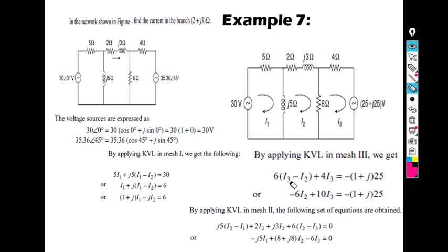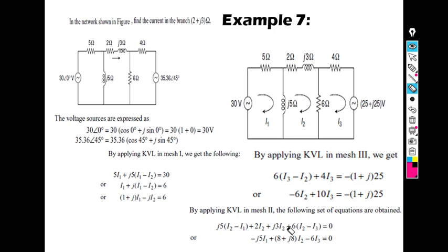So I am getting here 6I3. Now this is for mesh 3. Number 2: J5 I2 minus I1 plus 2I2. They have written it in this way, 2I2 plus J3 I2. You can write at a time 2 plus J3 I2 plus, but please don't do addition and subtraction before writing the equation. When I check the copy, there are more than 40-50 students, so it is very difficult to understand what the actual equation is.